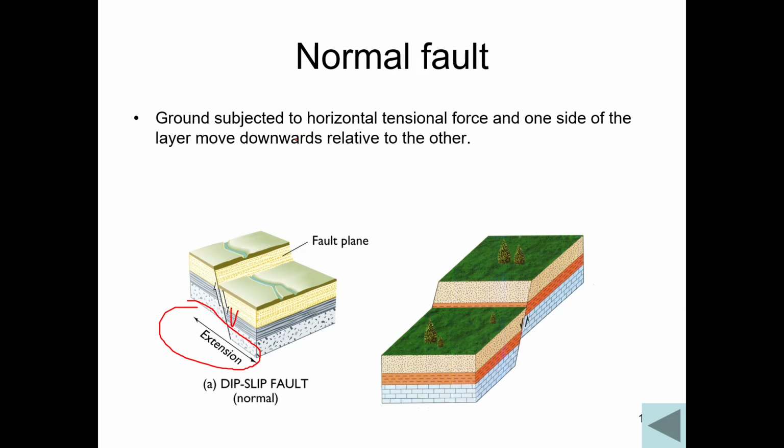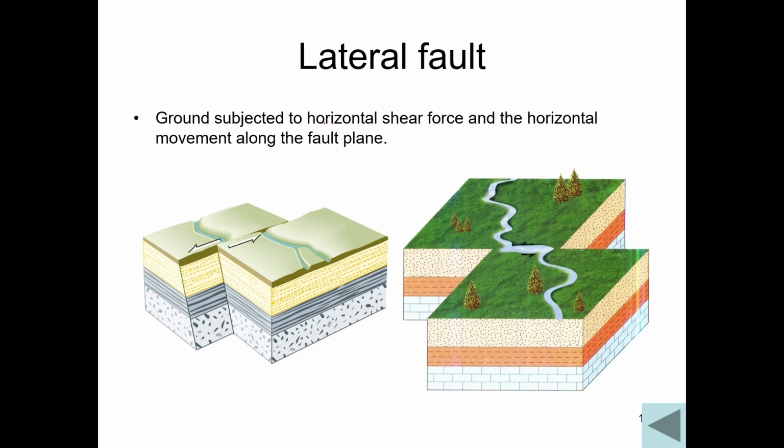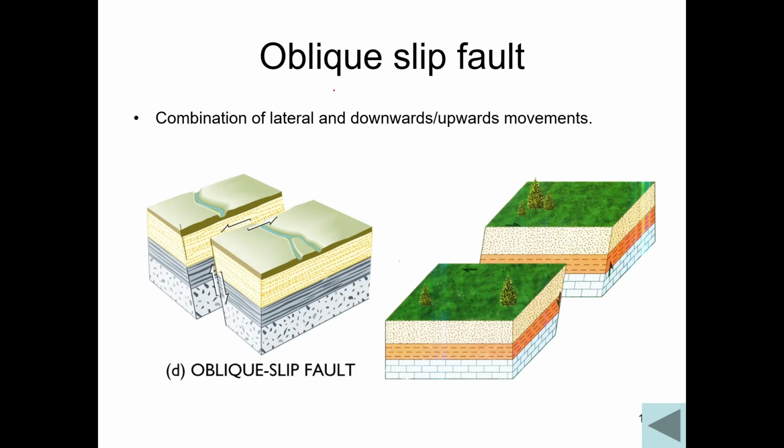For a reverse fault we have shortening, which is a compression force, so the other side is moving up. And then a lateral fault is subject to horizontal movement. And an oblique slip fault has a combination of lateral, whether upward or downward movement, whether normal or reverse fault.